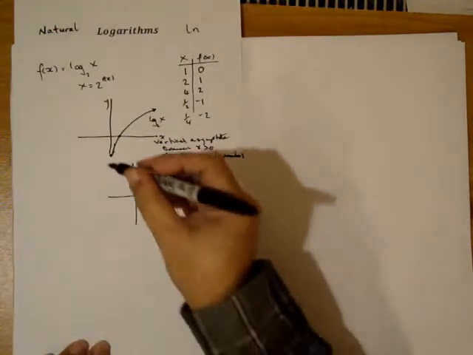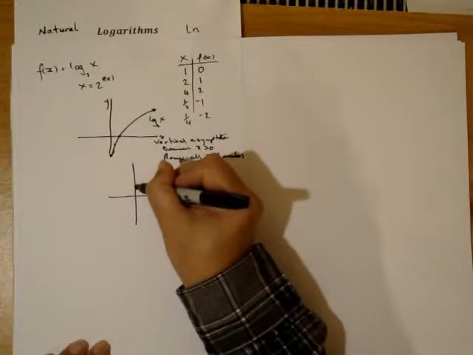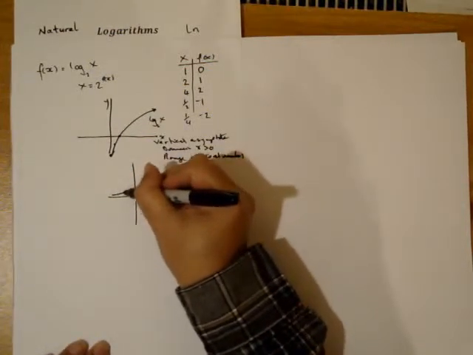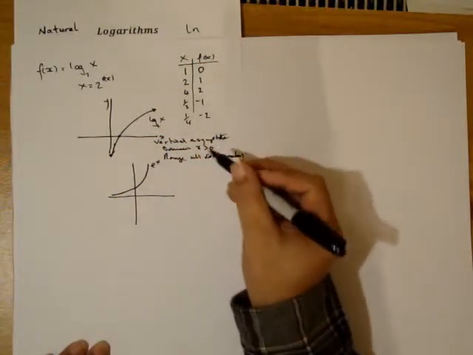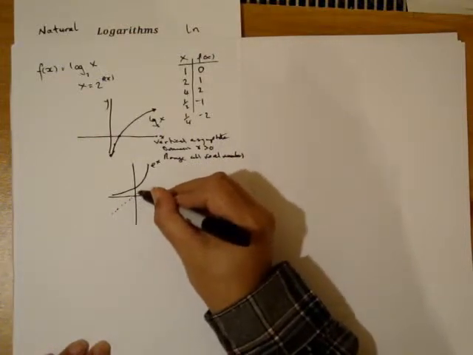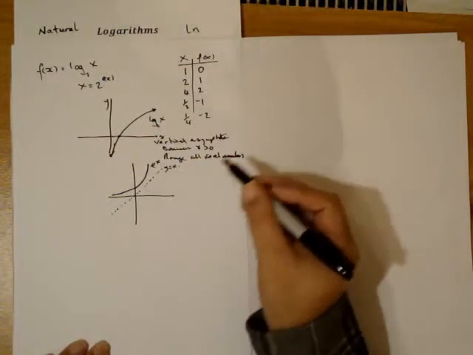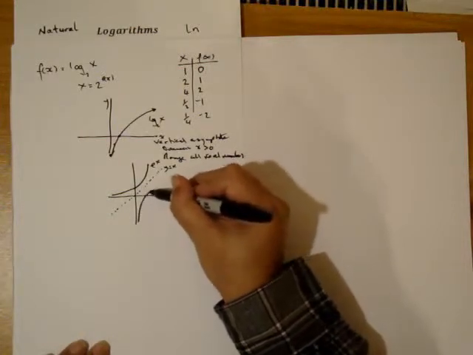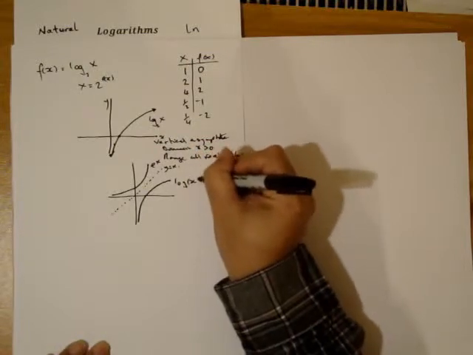If we have a look at both graphs together, we would have e to the x going through 1 here, so it would go here and then go up, so this is e to the x, and then to find the inverse we reflect in the line y equals x, and that would give us a curve that would look like that, and this is actually the curve for log x.